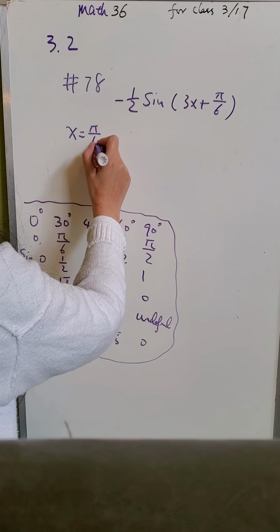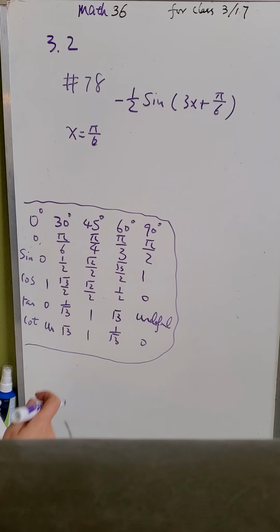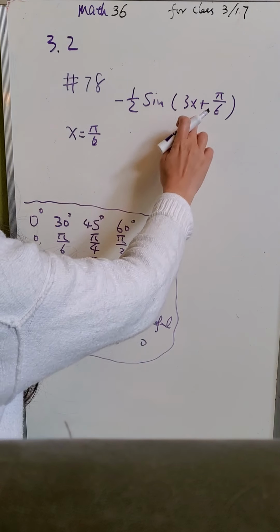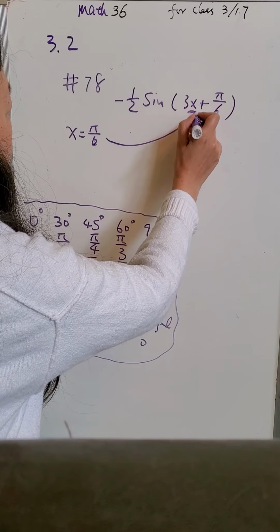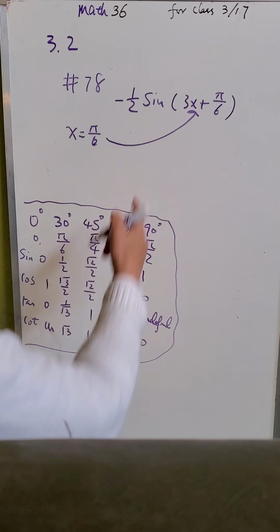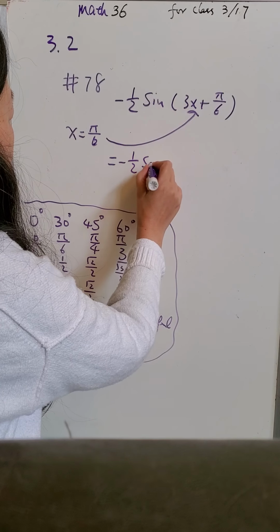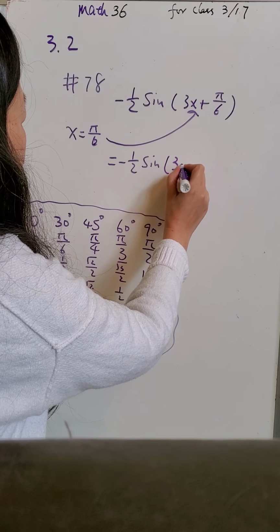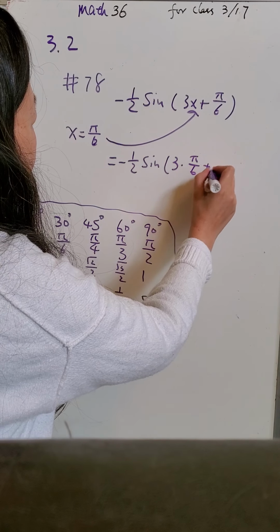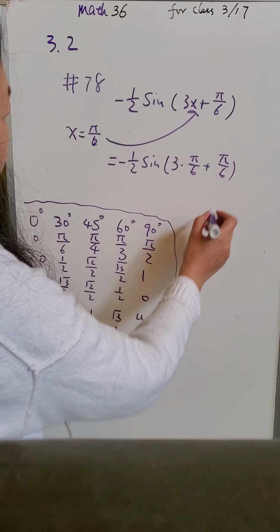What is the expression going to equal? So you just need to put π/6 inside here, and then evaluate the expression. So that becomes negative 1/2 sine of (3 times π/6 plus π/6).